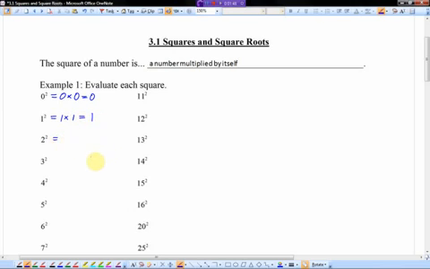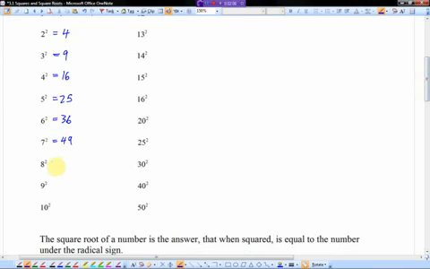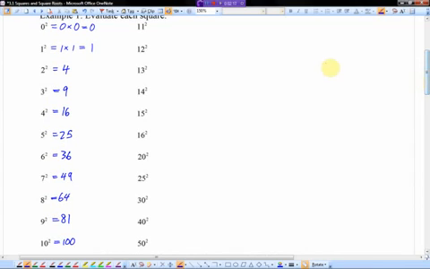I'm not going to show the step in between, I'm just going to go straight to calculating each one now. 2 squared is equal to 4, 3 squared is 9, 4 squared is 16, 5 squared is 25, 6 squared is 36, 7 squared is 49, 8 squared is 64, 9 squared is 81, 10 squared is 100, and moving back up here, 11 squared is 121, 12 squared is 144.